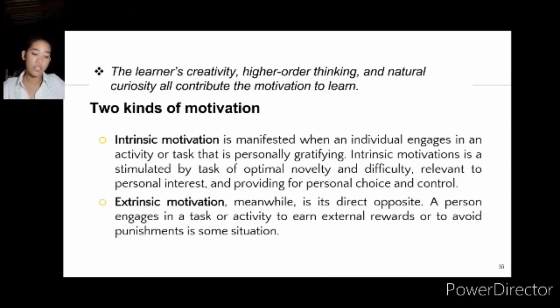Intrinsic motivation is manifested when an individual engages in an activity or task that is personally gratifying. Intrinsic motivation is stimulated by tasks of optimal novelty and difficulty, relevant to personal interest, and providing for personal choice and control.